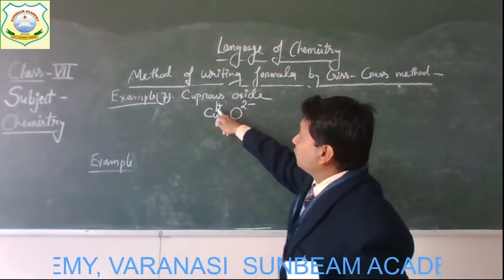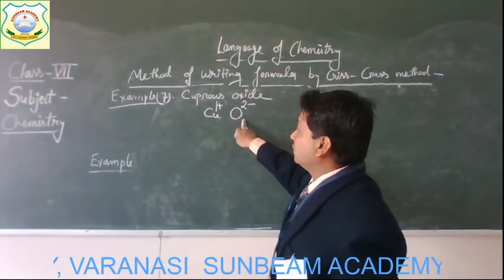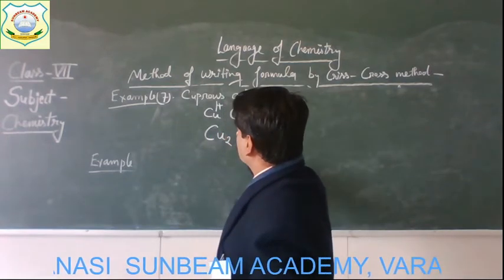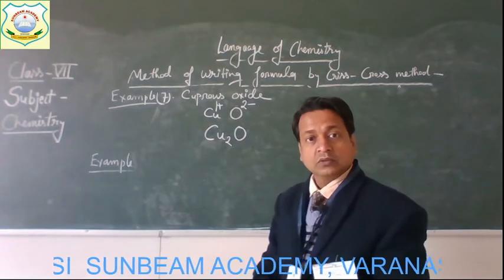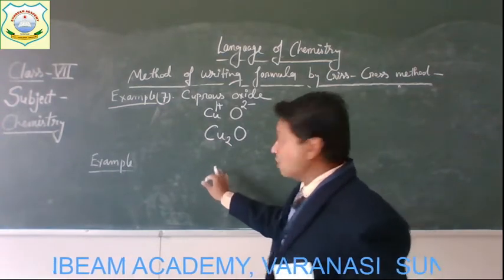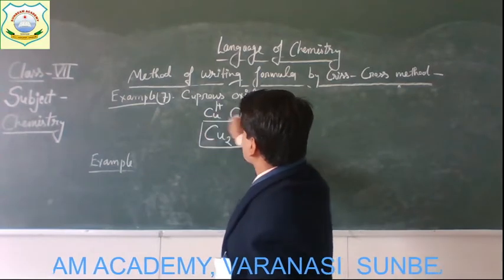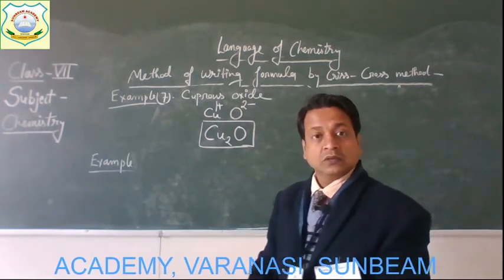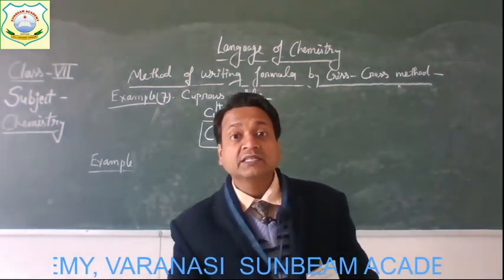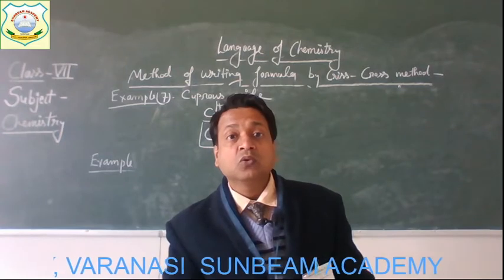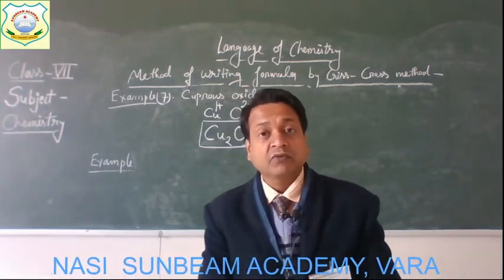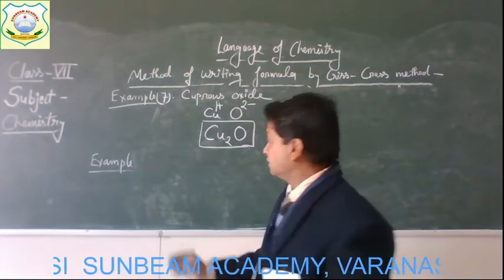After crossing the valency, this 1 will come here and the 2 will come here: Cu2O. So this is the desired formula of cuprous oxide. Alright children? The formula of cuprous oxide is Cu2O.